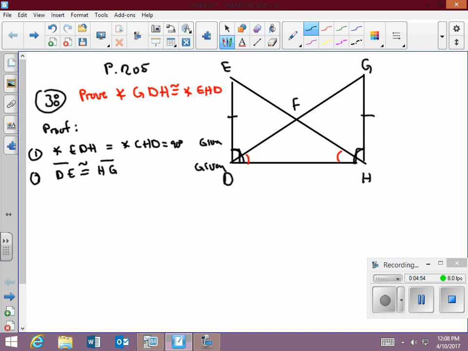Okay, but what is that going to end up doing? What is the ultimate thing that you're going to show? That both triangles, EDH and GHD, are congruent.